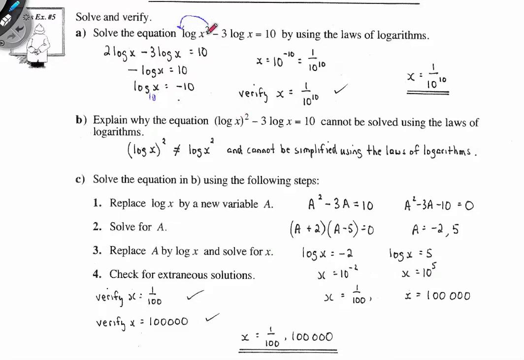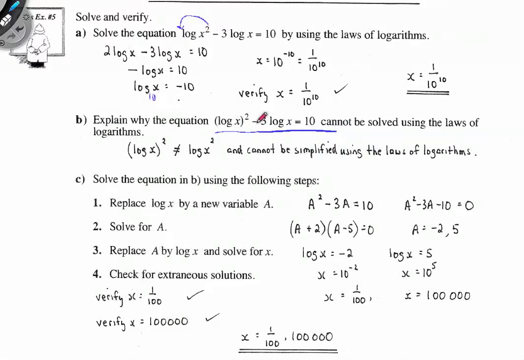Explain why this equation, which is log x all squared, this is different, it's not just the x being squared, cannot be solved using the laws of logarithms. As I was mentioning earlier, this looks like a quadratic, but in fact it's not. However, this is, because the log of x is being squared, the whole log x is being squared.